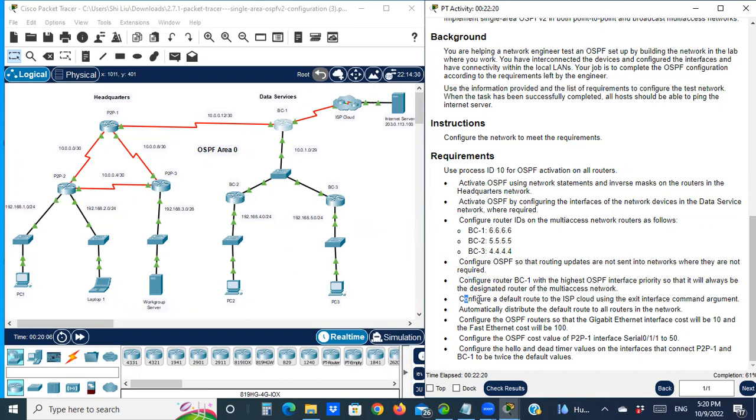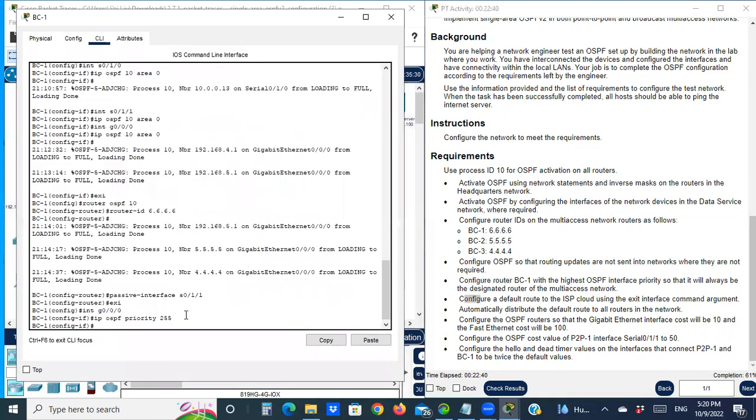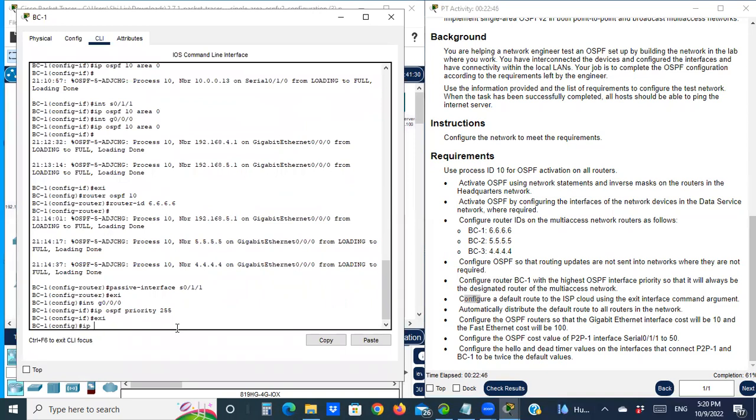Highest priority. Next, configure a default route to the ISP cloud using the exit interface command. So we need to configure the default route on BC1, because BC1 is a border router between the local network and the internet. So ip route 0.0.0.0 0.0.0.0, exit interface.